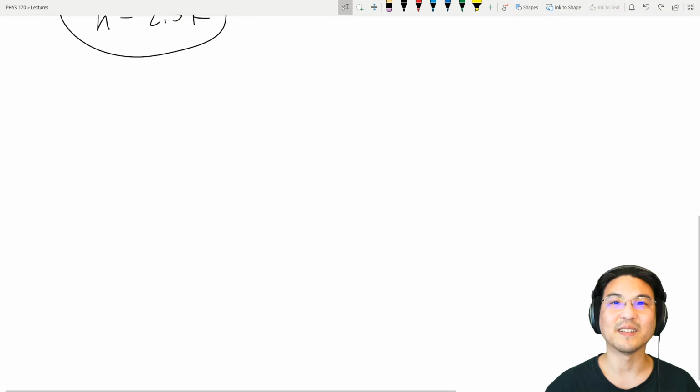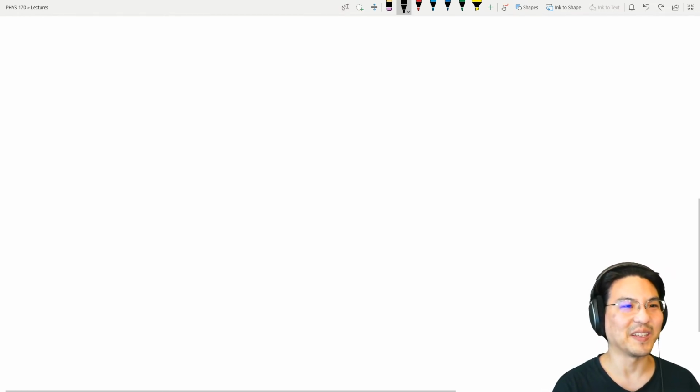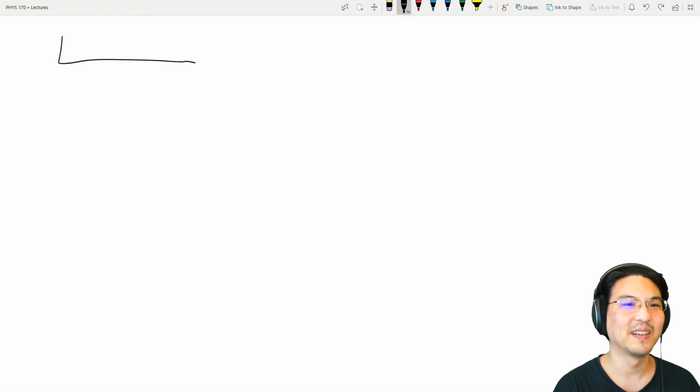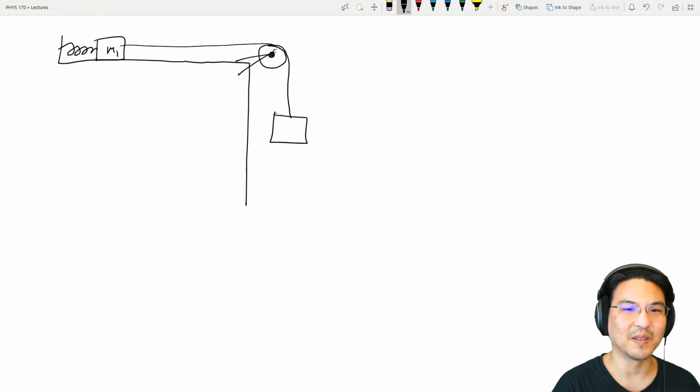Okay, let's try another example. We need one with a spring in it, right? So let's say we have a block over here connected to a spring, and then there's a massless pulley, and then there's another block connected by a string.